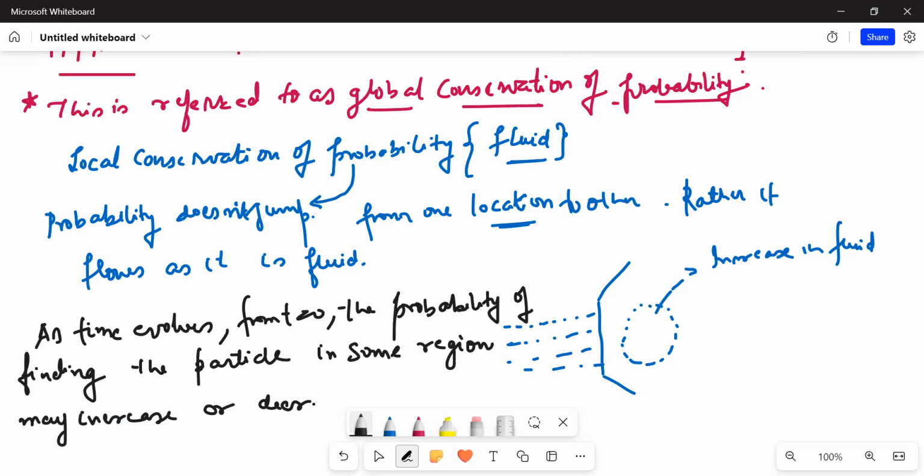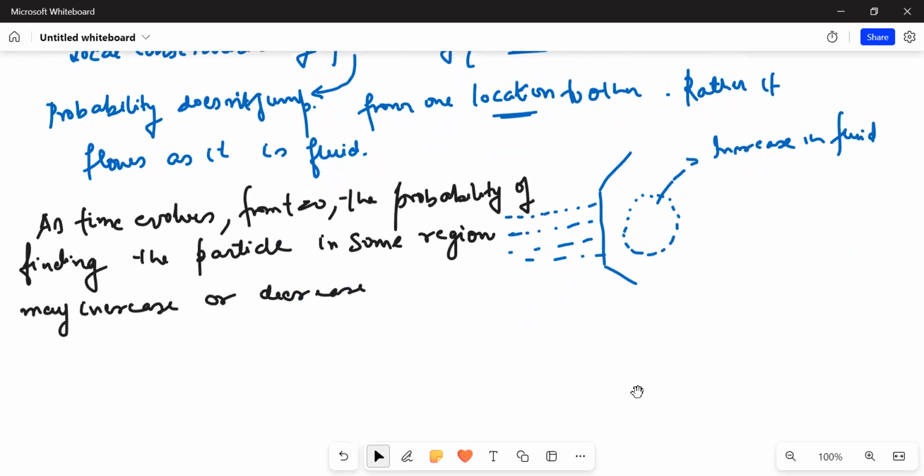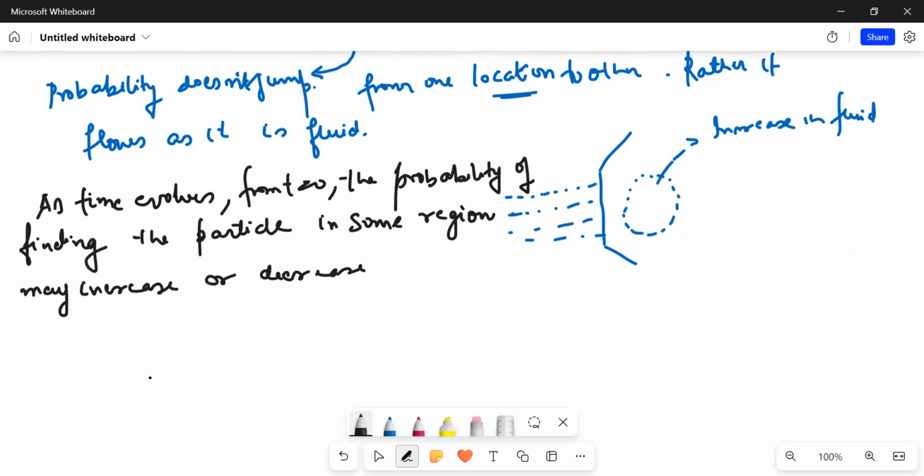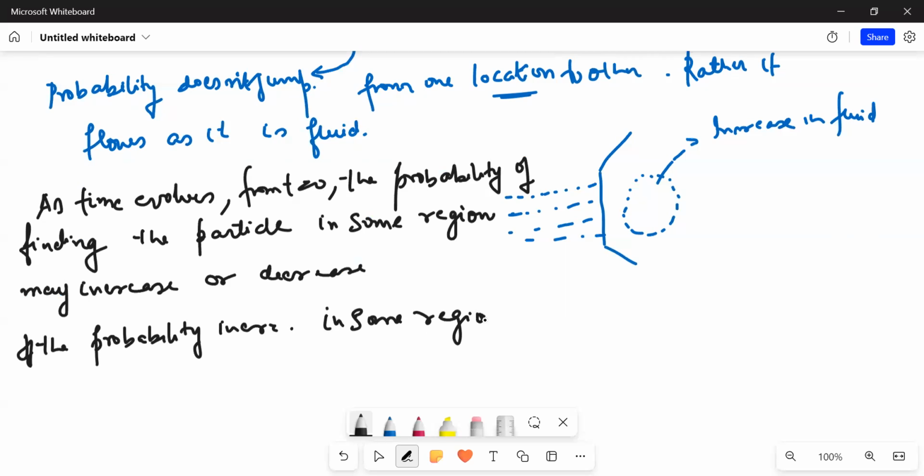Remember, it may increase or decrease. If the probability increases in some region, it should decrease in some other region.